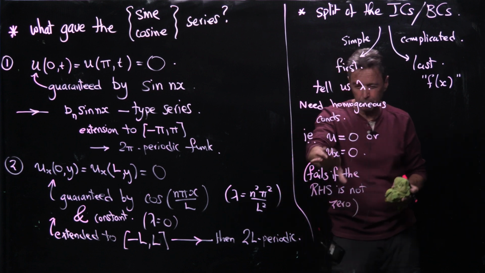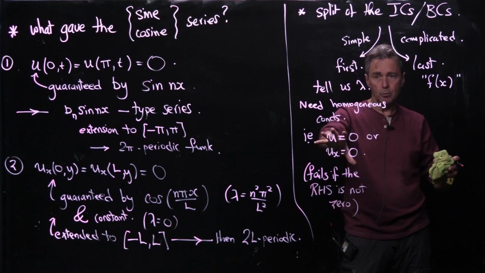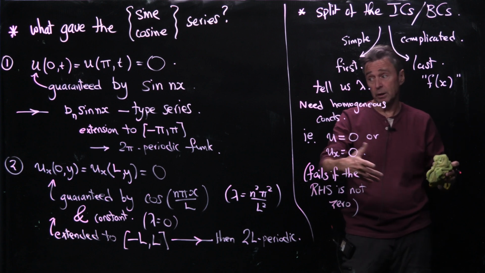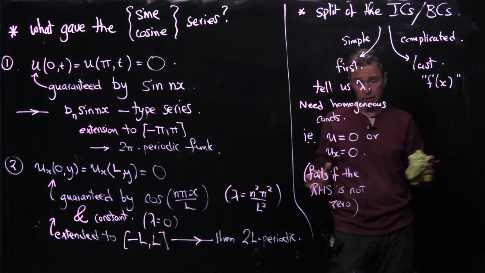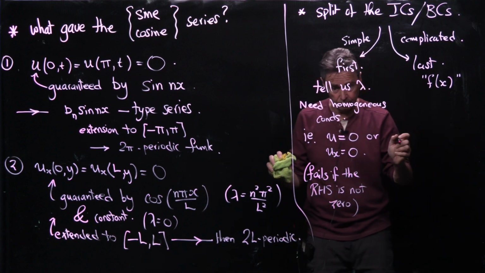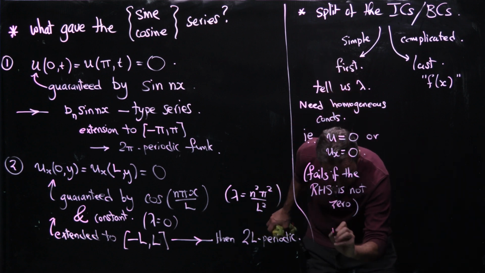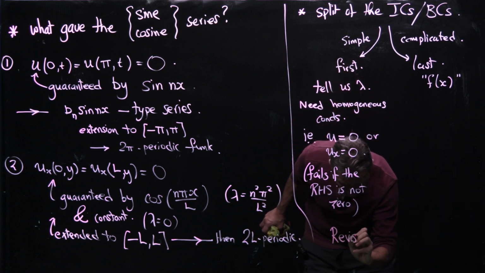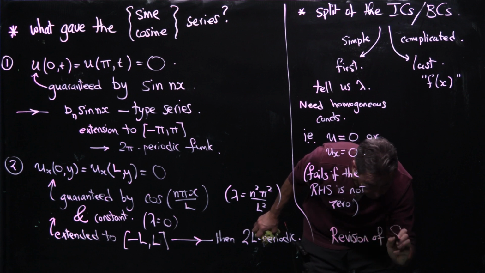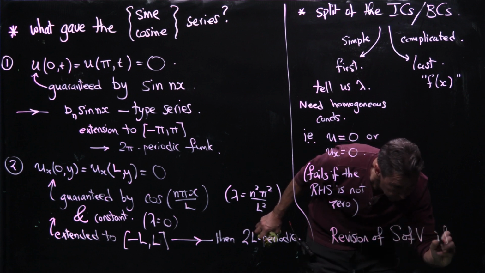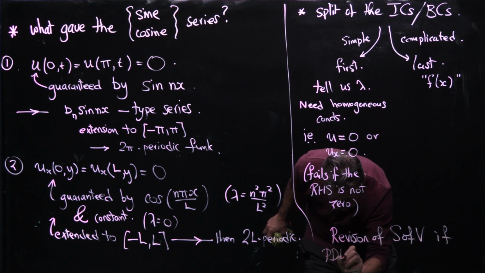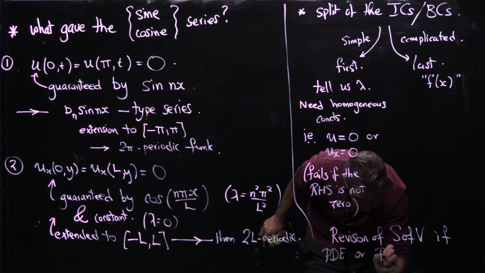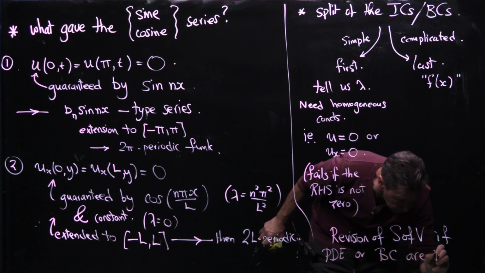That means that the boundary conditions are inhomogeneous. And when the boundary conditions are inhomogeneous, or even the PDE has got some inhomogeneous terms in there, you have to do something different. You need a revision of separation of variables if the PDE, or the boundary conditions, are inhomogeneous.